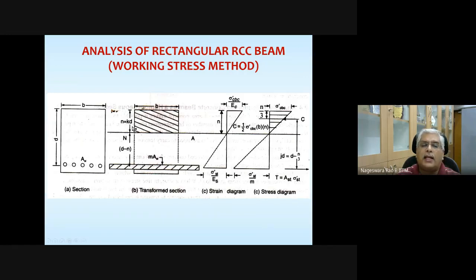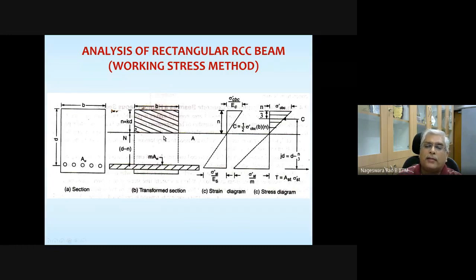If this is n, what is the remaining portion? The remaining portion is going to be d minus n, or you can write it as d minus kd, or d multiplied by 1 minus k. And this is nothing but your equivalent area of concrete.